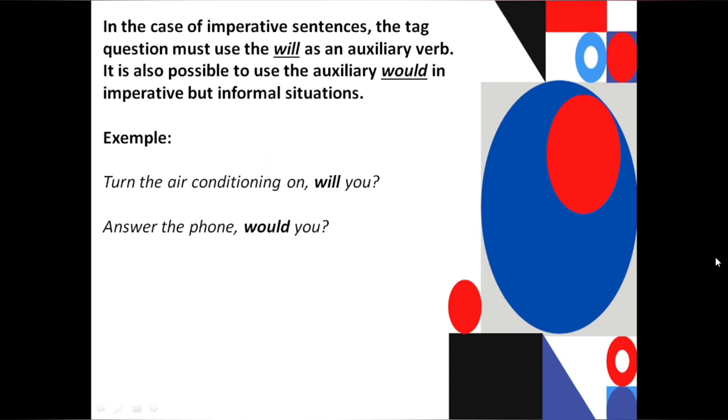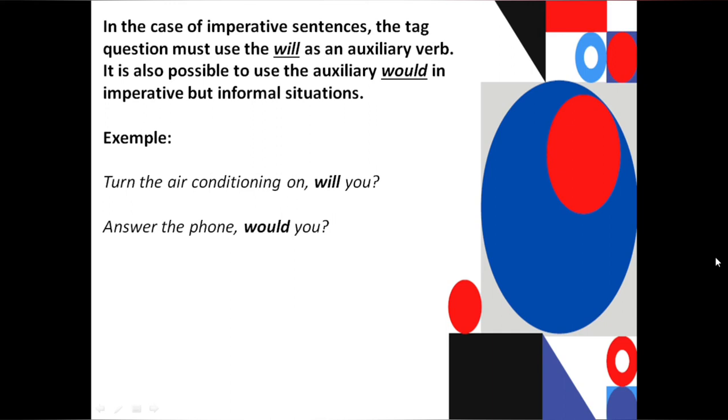So, in the case of imperative sentences, the tag question must use will as an auxiliary verb. It is also possible to use the auxiliary would in imperatives, but in informal situations. Okay? Example: turn the air conditioning on, will you? Or answer the phone, would you?